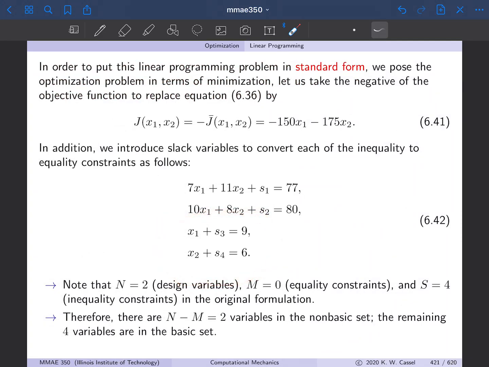Now let's look at the other two. Which one to do first? Let's do this one. Let's just continue working backwards. So let's do this one right here: 10x1 plus 8x2 plus s2 is equal to 80. Let's just assume that s2 is equal to 0, and we'll draw that straight line in the x1, x2 space.